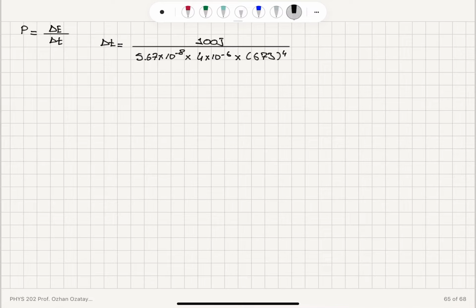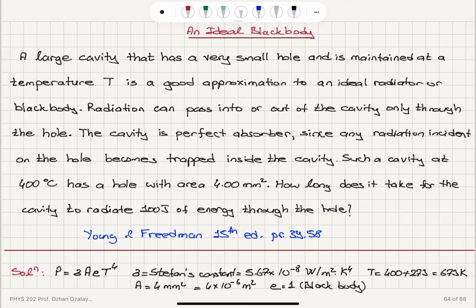So this will give us a delta t of 2.15 times 10 to the 3 seconds. Okay, so that's how long it takes to emit this much energy.